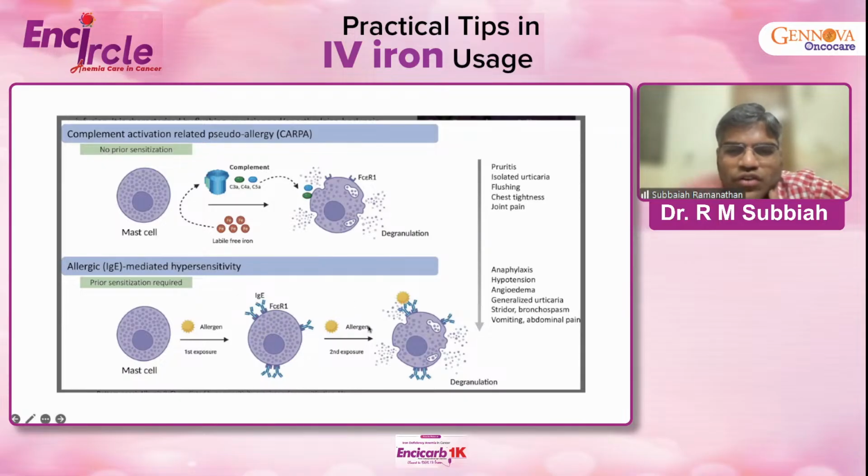Subsequently, when the allergen is exposed a second time, these sensitized mast cells form a complex with the allergen and degranulate. All these mediators are released and can cause severe tachycardia and hypotension. The patient might have a vascular collapse.